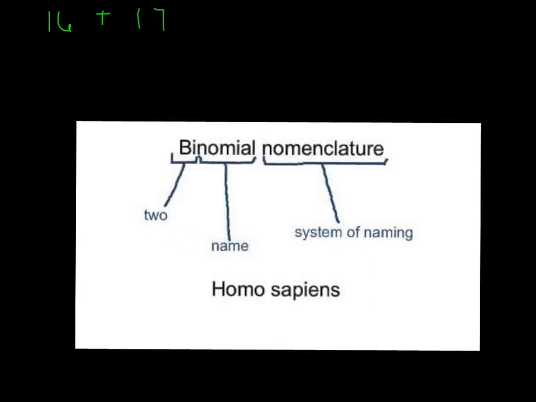I defined it in class as a 2-word naming system. All animals are given a 2-word name to help identify them. So we are the Homo sapiens. We belong to another group of primates that comes with the Homo prefix. Remember, that means man, and that sapiens means wise.